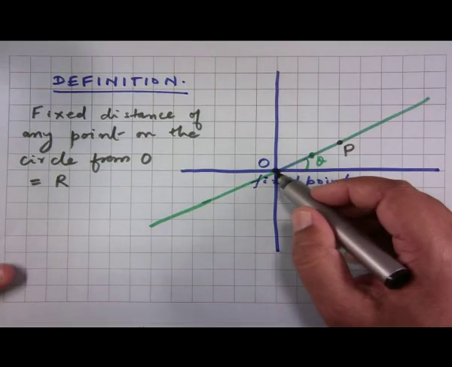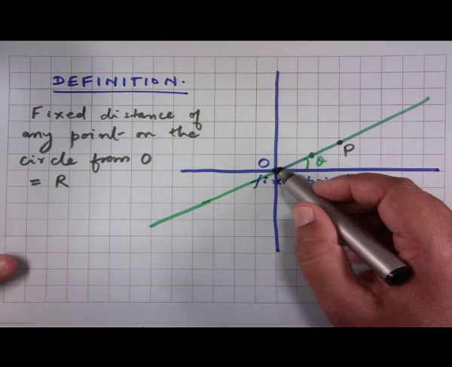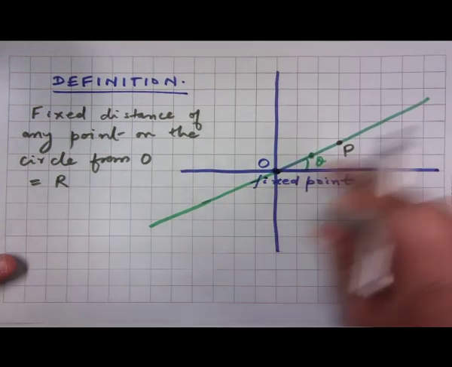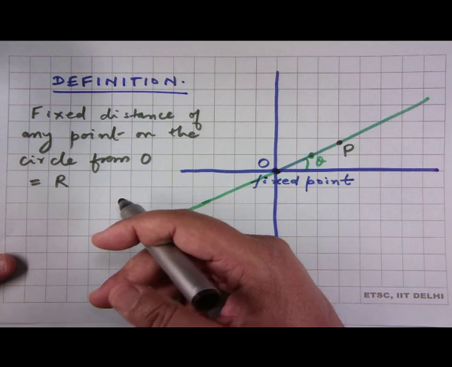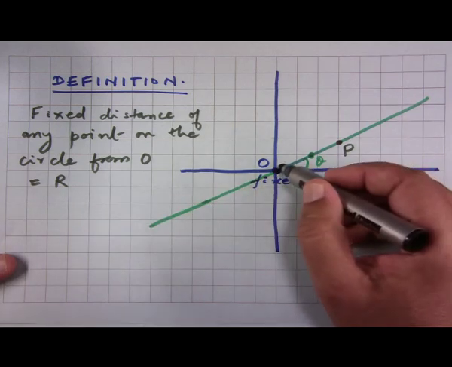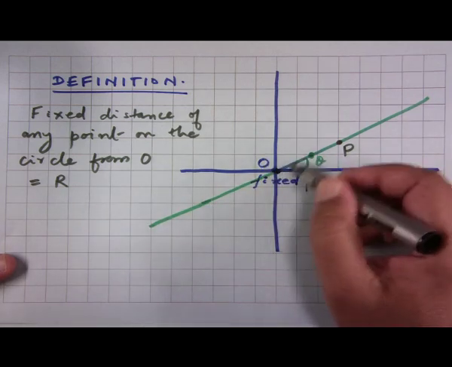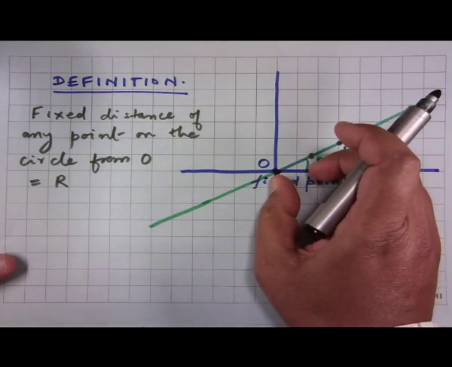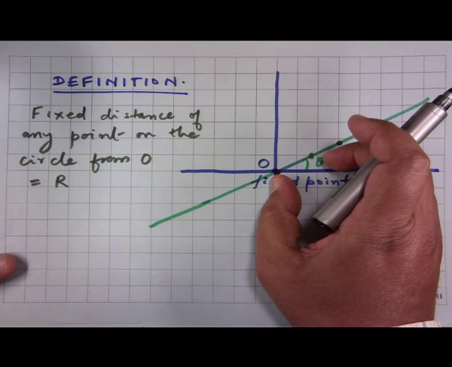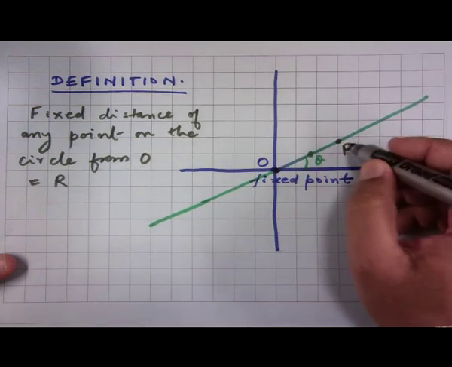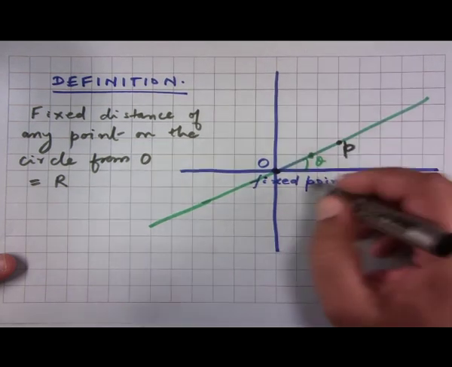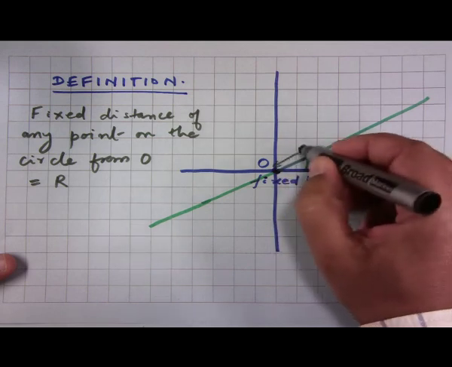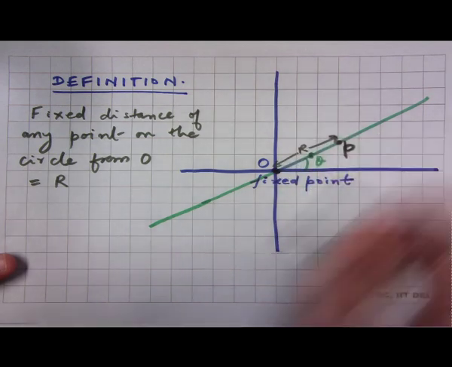So, starting from O, we go in this direction on this green straight line, and as we move further away from O, the distance between where we are and the fixed point O will increase until we reach a point P such that this distance is r.